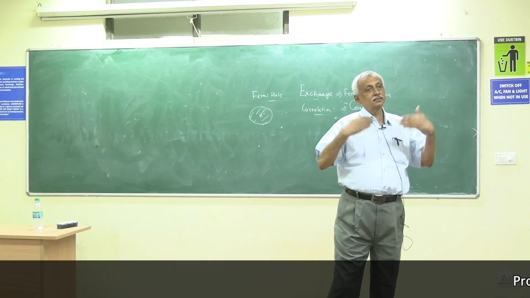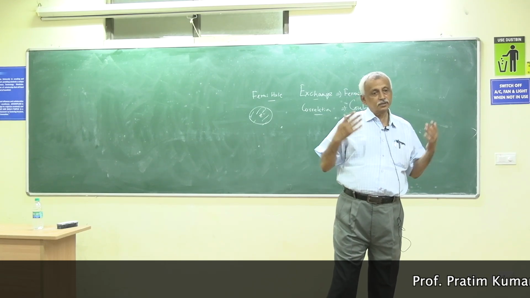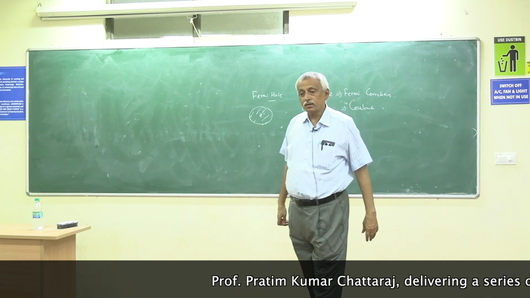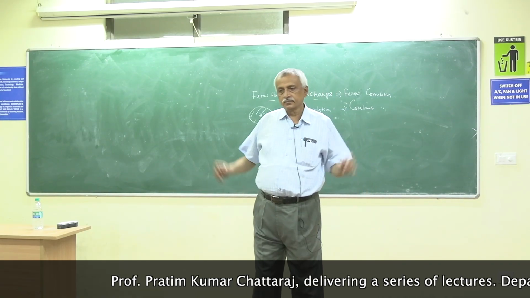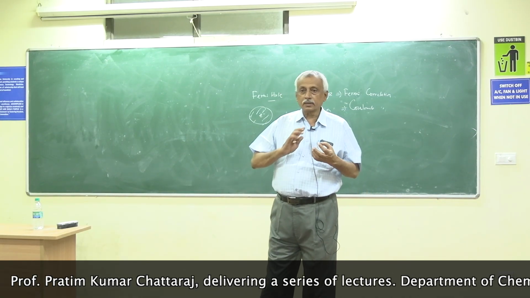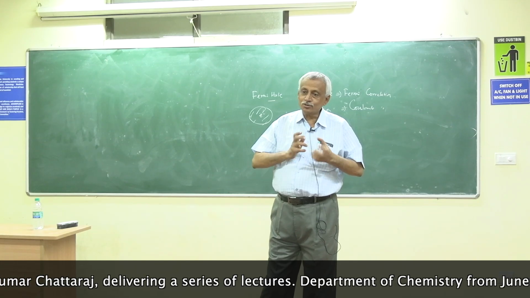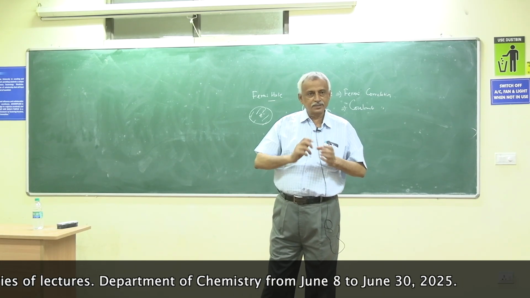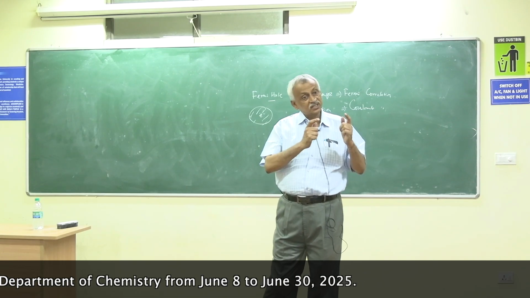Your picture is a single particle picture, because we are still talking about orbitals, Hartree-Fock orbitals. So here what will happen? Again the same thing will happen. Apart from the Fermi hole, it is also carrying another hole, another excluded volume with it because of the charge.